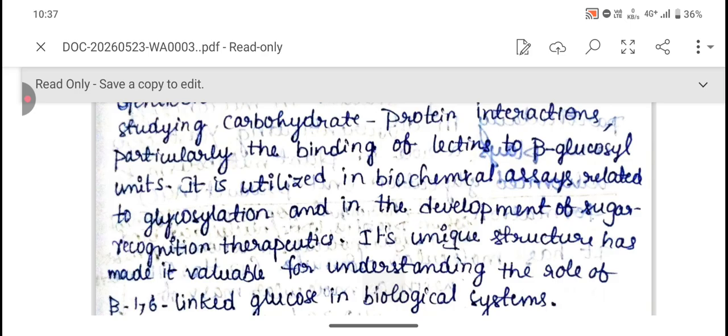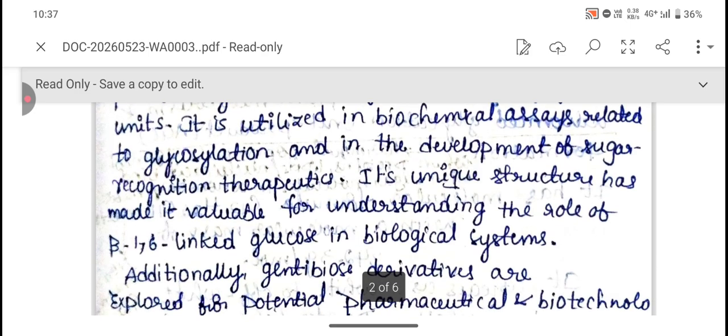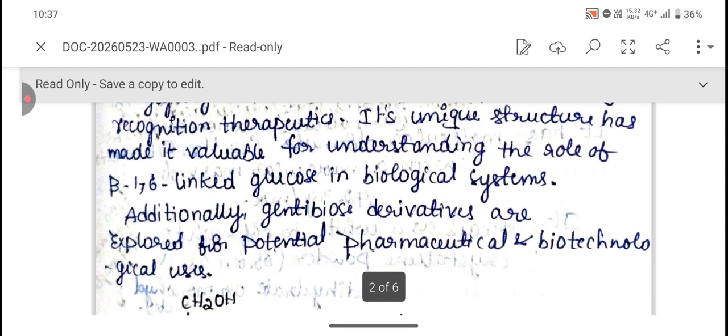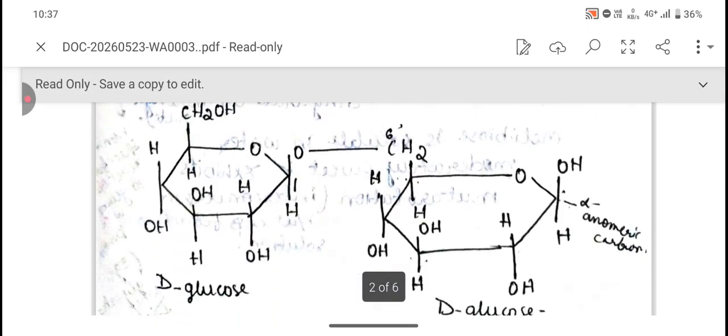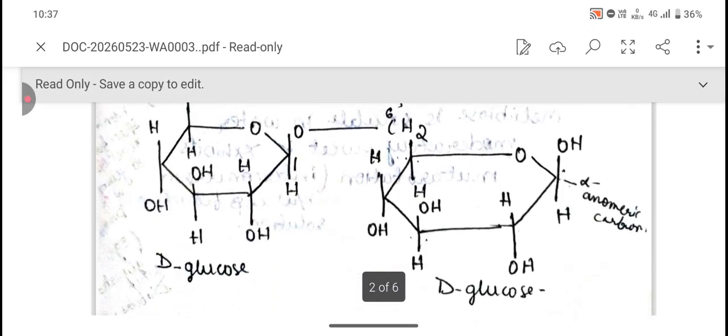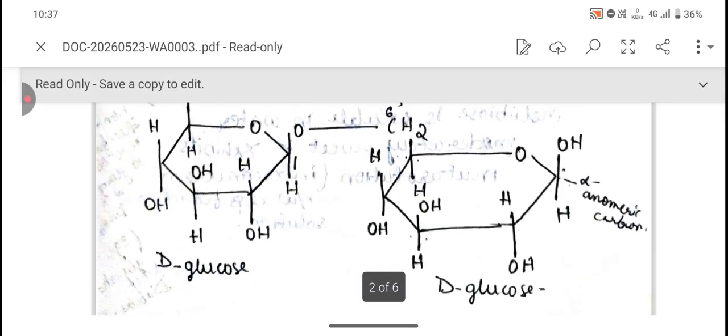Its unique structure has made it valuable for understanding the role of beta-1,6 linked glucose in biological systems. Additionally, Gentiobiose derivatives are explored for potential pharmaceutical and biotechnological uses. Here you can see the structure of Gentiobiose having a beta-1,6 glycosidic linkage.